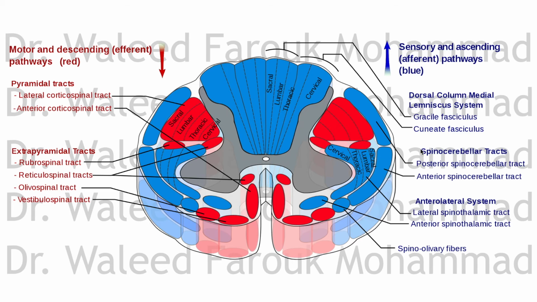And you have different ascending tracts carrying proprioception and extra information to various parts of the brain, like the anterior and posterior spinocerebellar tracts, for example, and the spinothalamic tracts that carry pain and temperature from all over the body. So these are examples of the long tracts of the spinal cord.